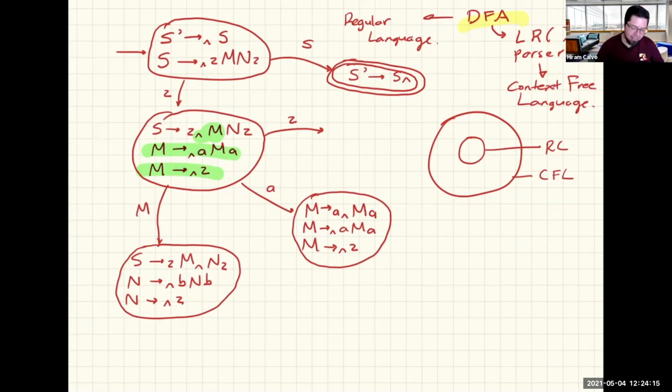Okay, and now let's see what happens if we move through Z. Moving through Z will happen only in this rule. So when we move through Z, we will have M, Z, cursor, final form. Given this, we do not need to expand this state further, and we have finished.